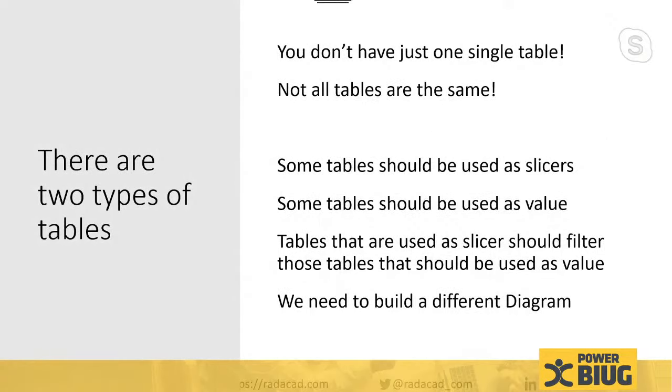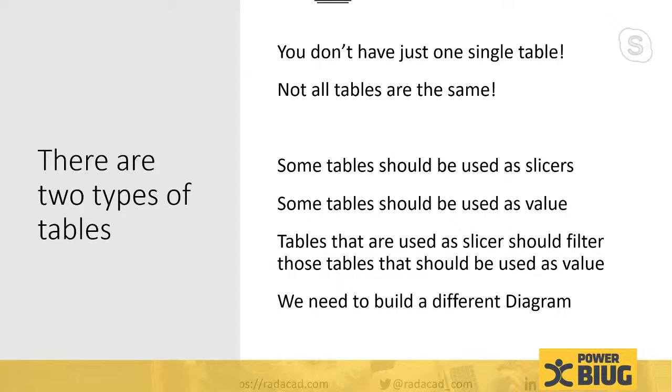Now, for dimensional modeling, you usually need two different types of tables, and not all the tables are the same. They are all tables, they have rows and columns, but they're used for different purposes. Some tables are used for the x-axis, y-axis, or, let's say, slicers or filters.